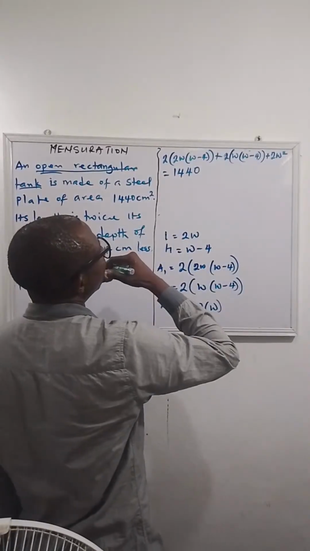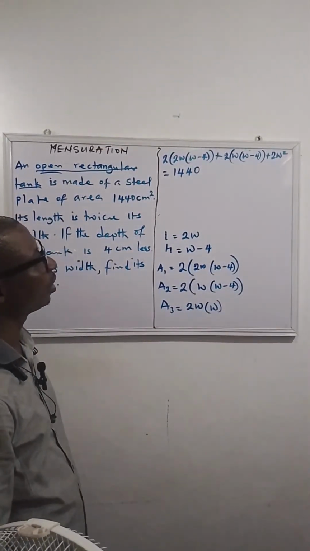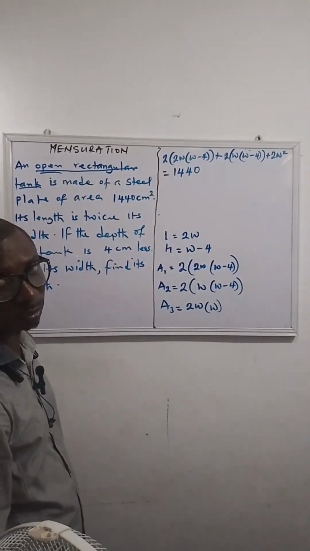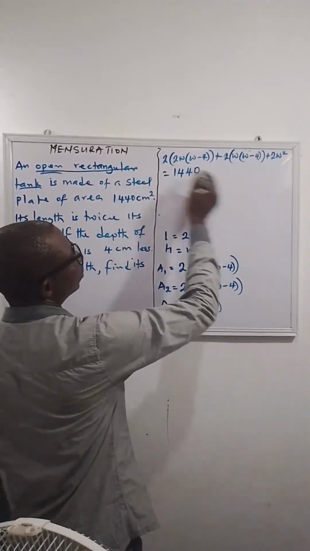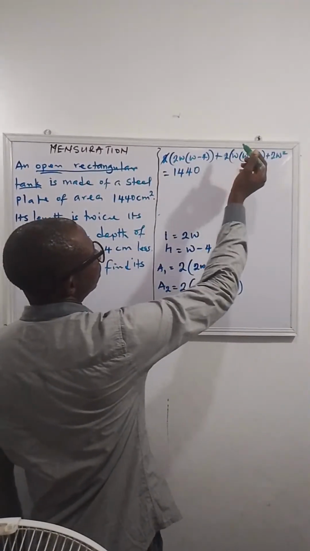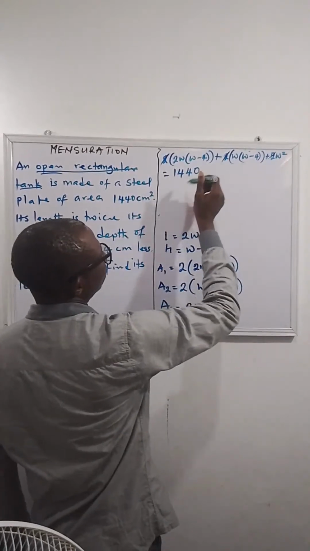Yes, I can just divide through by 2. If I divide through by 2, the 2 cancels this, this, and this.